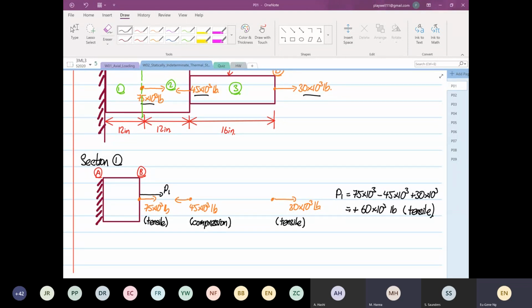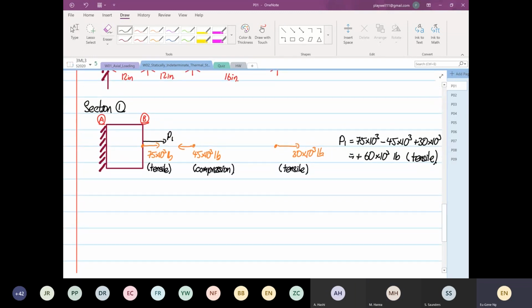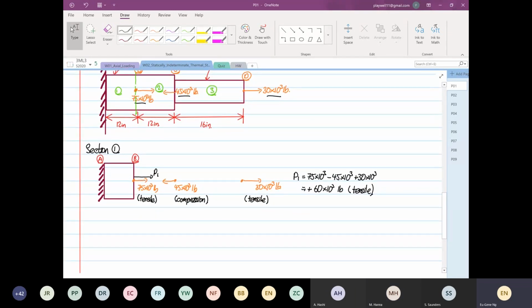Okay, so the next one we are going to look into section number 2. So I'm going to string this. We're going to look at section number 2. So for section number 2, we have this geometry over here.